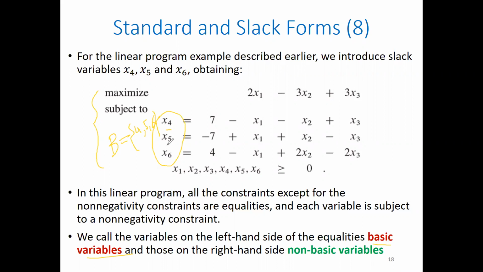I'm talking about these indices. These are the basic variables. And the variables which are actually in our objective function, the actual decision variables, are known as the non-basic variables. So we have another set N, which is equal to 1, 2, and 3. Clear? So we have a set of basic and non-basic.